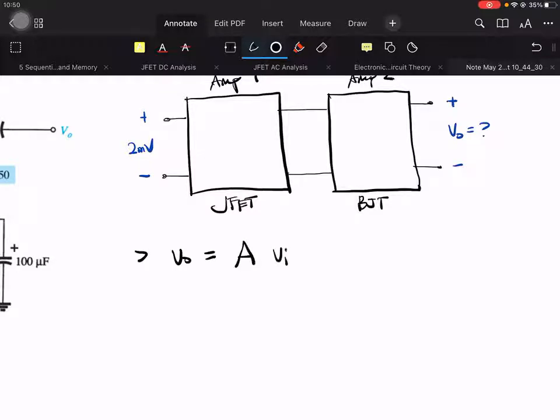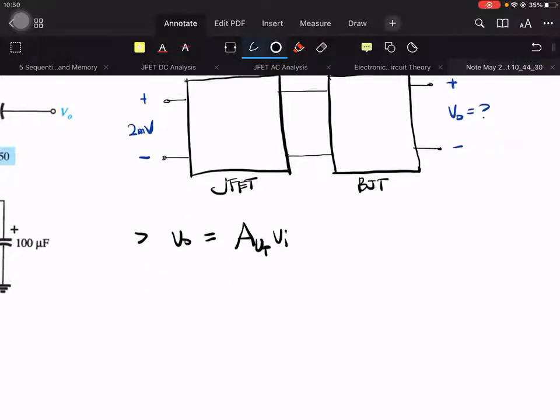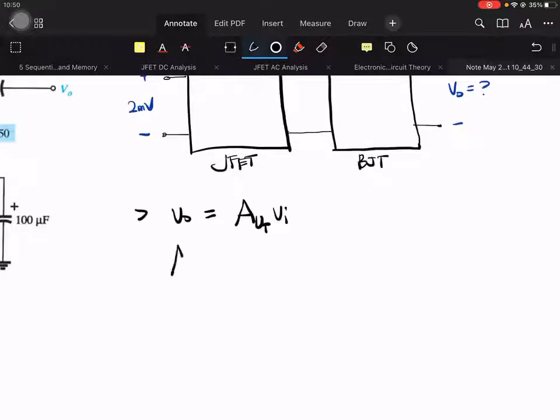Now, question, what is this gain? Remember that we have two amplifiers. So for sure, this is the total voltage gain of the two amplifiers. So AVT. How will we then solve for AVT?